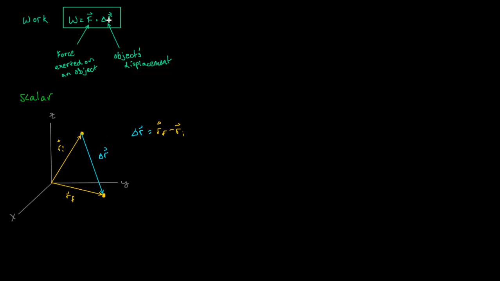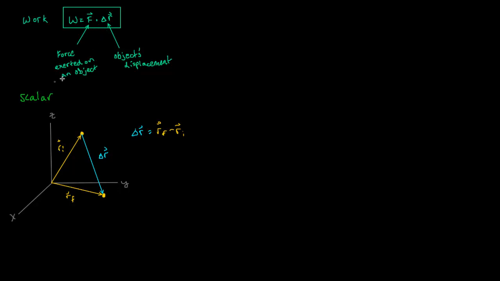The next thing that I want to talk about is this dot in the middle. There are two ways to multiply a vector with another vector: the dot product and the cross product. One has to do with parallel components, and that is the dot product. The other deals with perpendicular components, and that's the cross product.